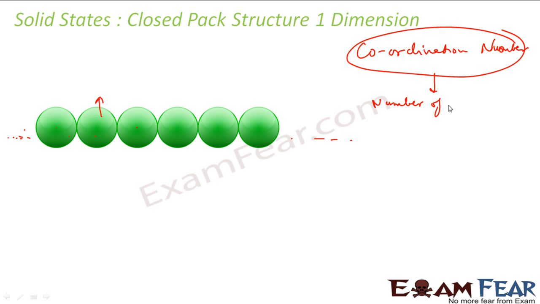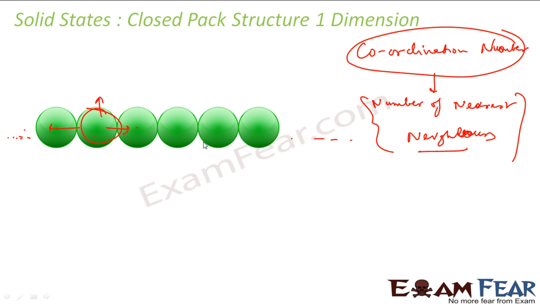Number of nearest neighbors. This number of nearest neighbors will tell you the coordination. For example, in this case, you take 1 particle, there are 2 neighbors. Coordination number is 2. If you take this one also, there are 2 nearest neighbors. So coordination number is 2 for 1 dimension. In the 1 dimension case, the coordination number is always 2.